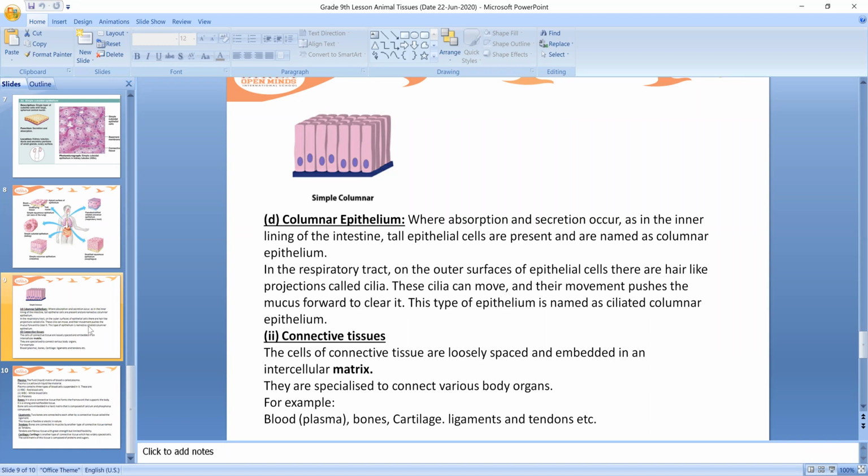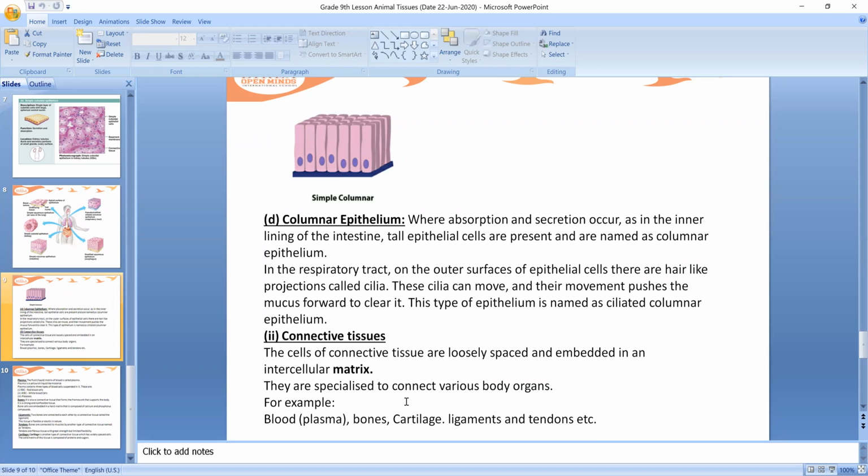After 2 days of cold and running nose, what happens? The mucus starts forming, isn't it? Due to that, you get a cough.